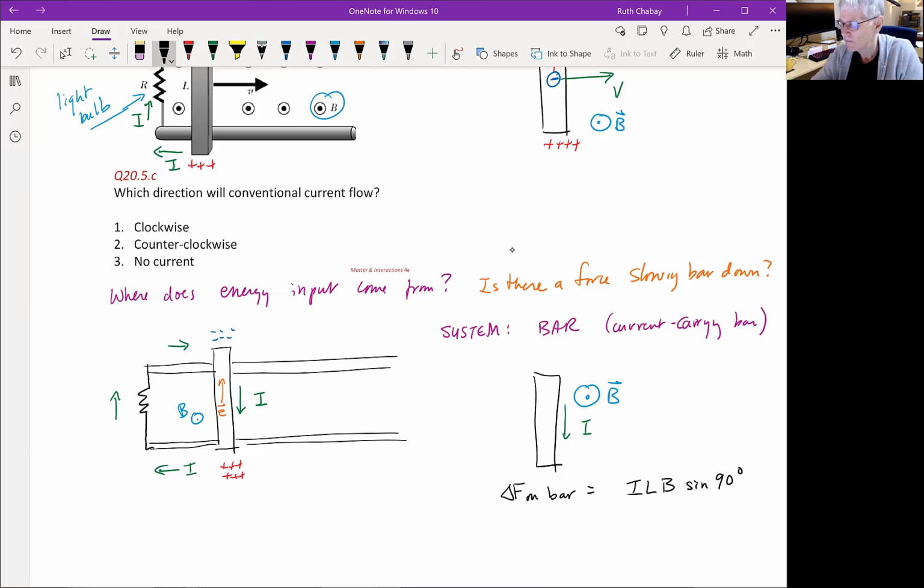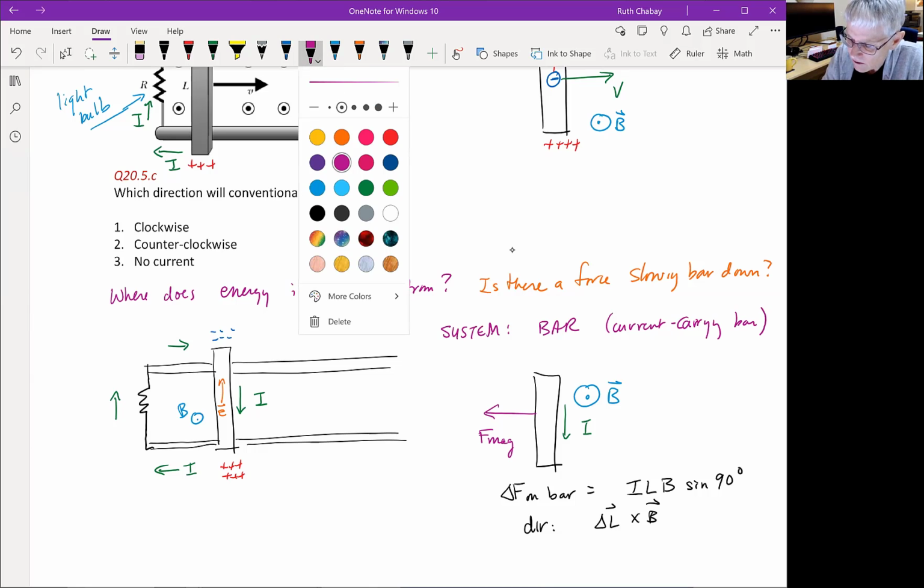So the direction is going to be delta L cross B. So delta L is in the minus Y direction, B is in the plus Z direction. So actually this magnetic force on the bar points to the left.